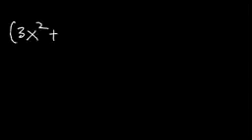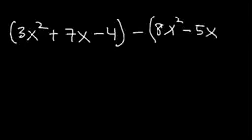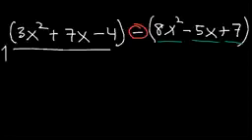Here's another example you can try. 3x squared plus 7x minus 4 minus 8x squared minus 5x plus 7. Now notice that we have a negative sign. We need to distribute the negative sign to the three terms on the right. For the three numbers on the left, we don't have anything in front of the parentheses, so we could simply open it.